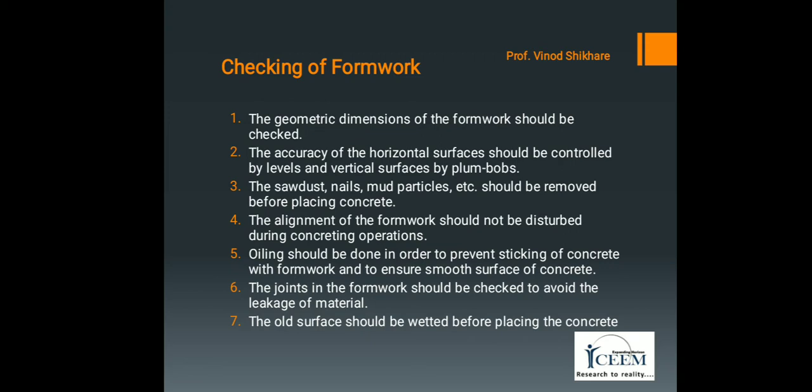Next point is the accuracy of the horizontal surfaces should be controlled by levels and vertical surfaces by plumb bobs. For leveling horizontally or vertically, the levels or bubble levels are used for checking the horizontal platform or plane of the formwork, and vertical check is done with the help of plumb bobs.